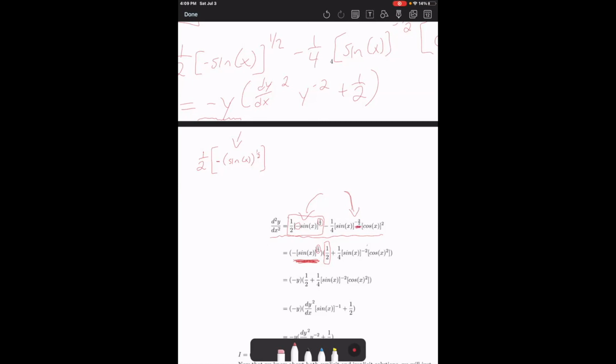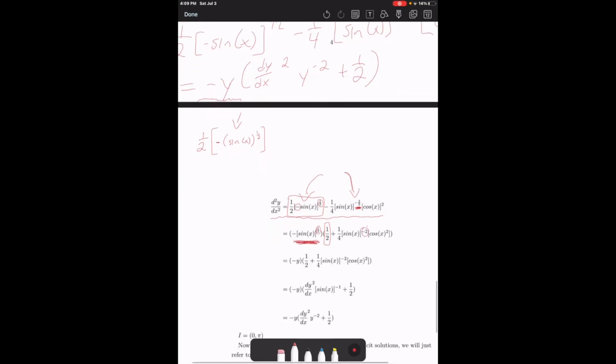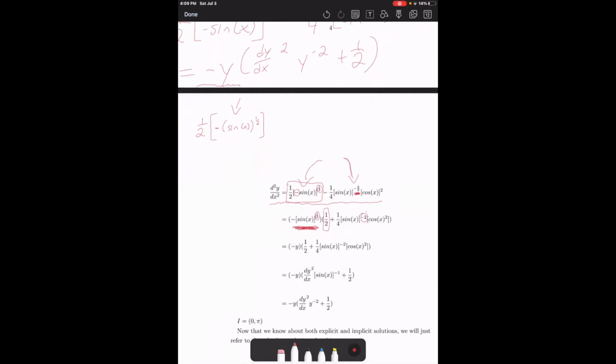So negative 3/2 becomes negative 4/2, which is just negative 2. So that's how we have factored out this negative sine x to the 1/2 term. And now we can substitute it for negative y, and we're beginning to move in the right direction.